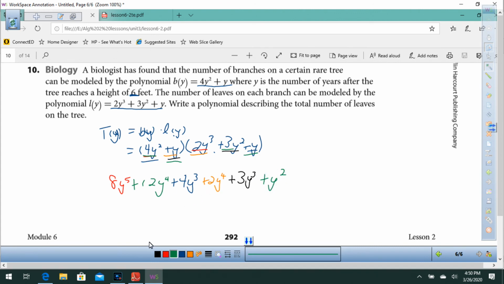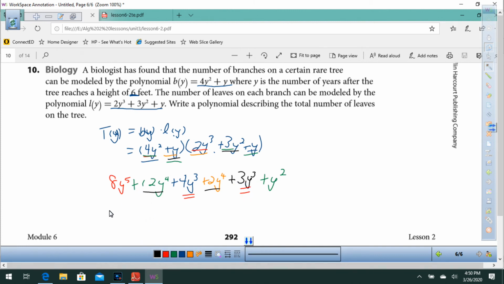So what do we got here? What can we combine? It looks like we can combine this and this. It also looks like we can combine this and this. Anything else? Nope.